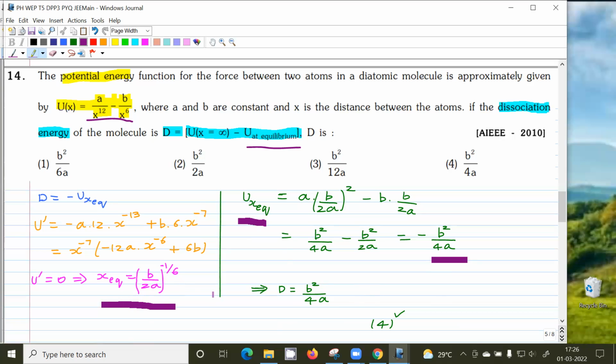Okay, fine. B square by 4A. Option 4. Yes, sir. Okay, we'll close now.